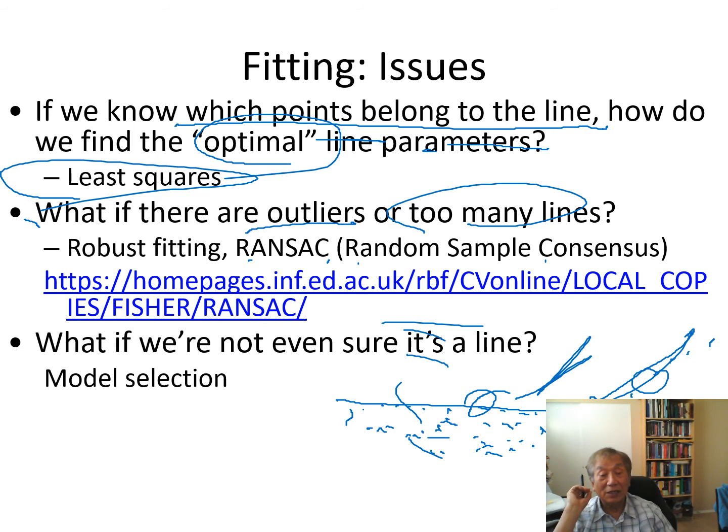So just go to Wikipedia, use either random sample consensus as a keyword or RANSAC, and see what happens. I think both work. It is very useful, and this is by the British author Fisher, who pioneered the RANSAC method, and this is a very good introductory article.